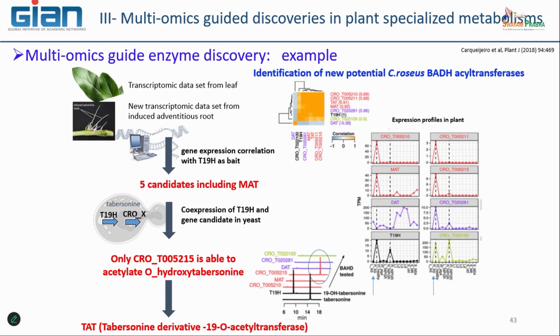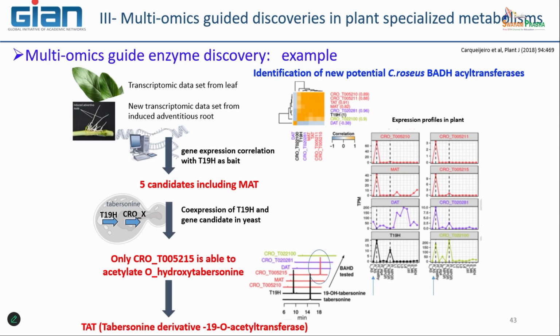Inside the genome of this yeast cell we add the candidate, but also the gene just before the candidate, and under this condition we test the ability of these transformed yeast cells to transform tabersonine into the product, for example lochnericine or other type of metabolite we are waiting for.